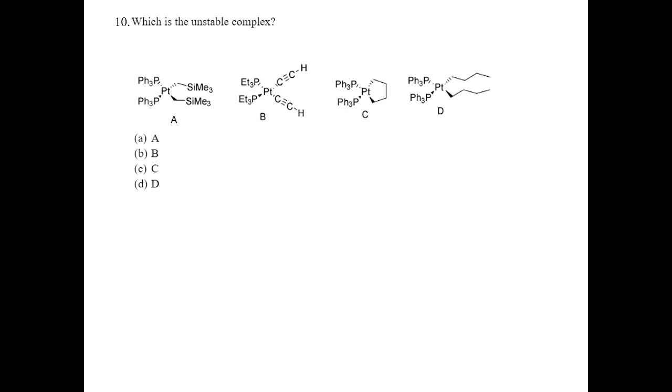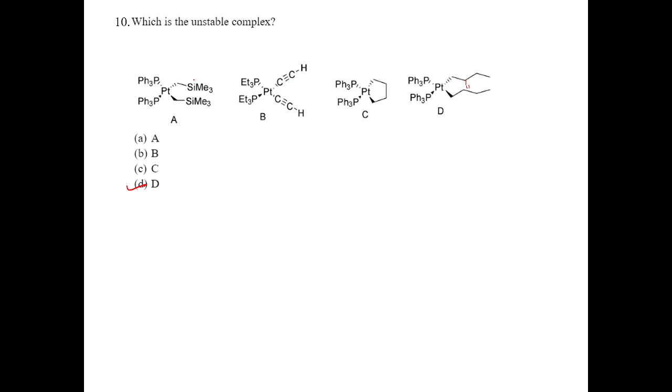That is actually right. The unstable complex is option T, because here you can see beta hydride elimination is possible. But here it is not possible because of the ring strain. And here it is also not possible because it would form a four-bonded carbon, which doesn't have any meaning.